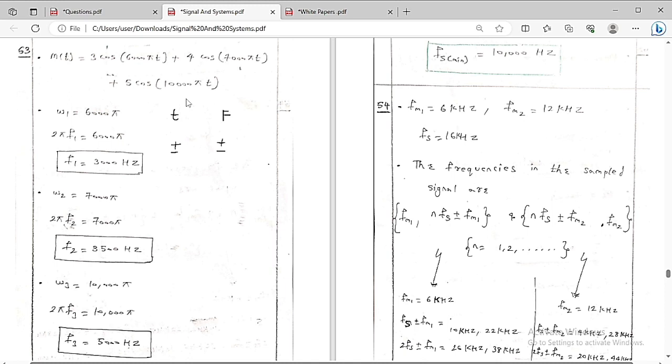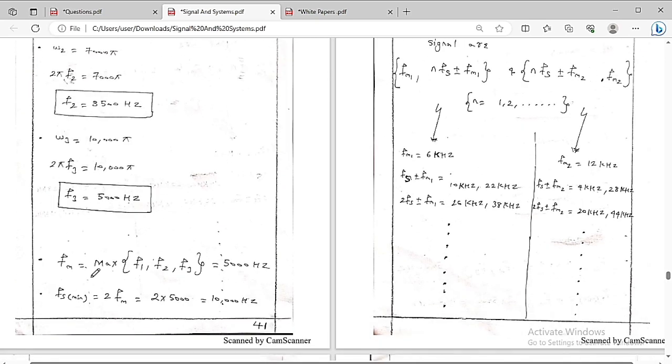And if you want to find the maximum frequency present in the signal, it is simply the maximum of all the frequencies. Out of all the frequencies, the maximum frequency is called the f-max.